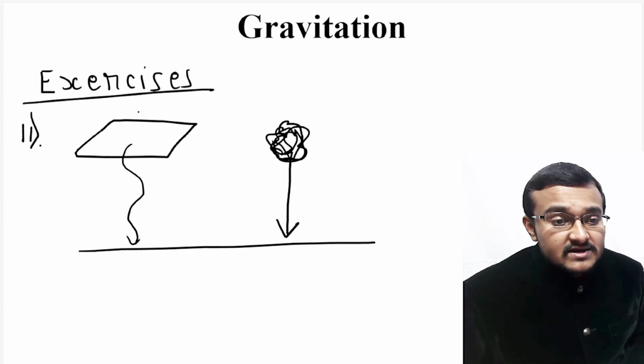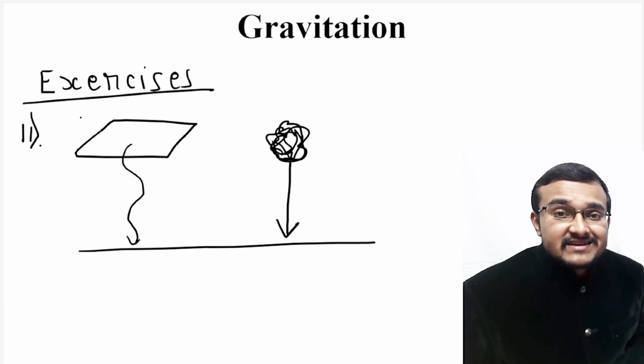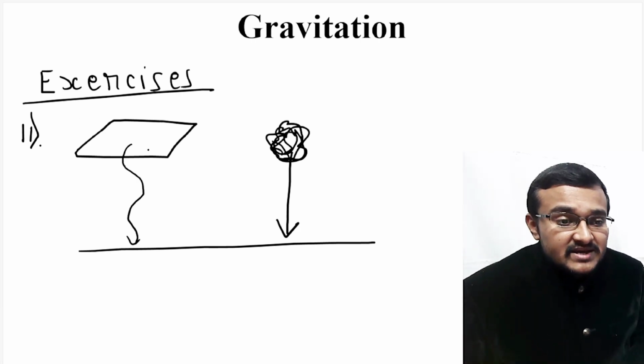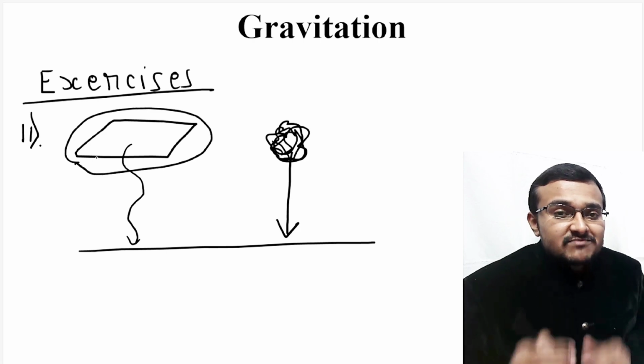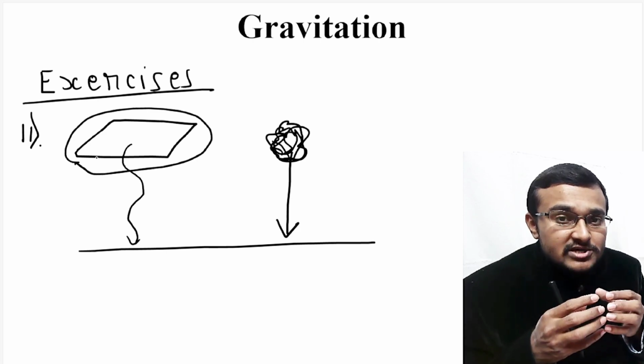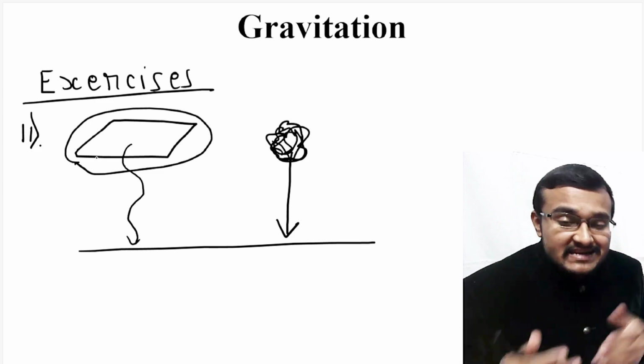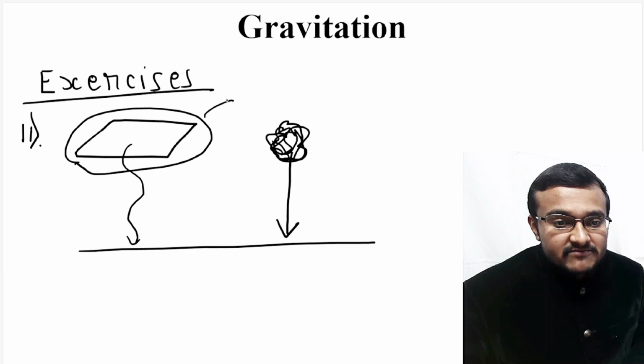Because here, since paper, when it is in its normal shape, at that time it has covered more surface area in the atmosphere. So that means more air molecules will be hitting this particular paper. That means more air resistance this particular paper will experience.